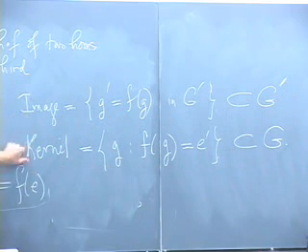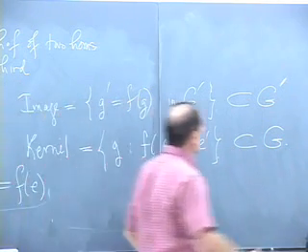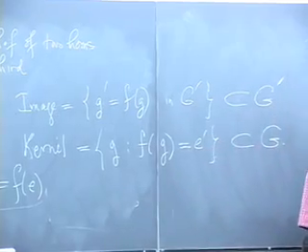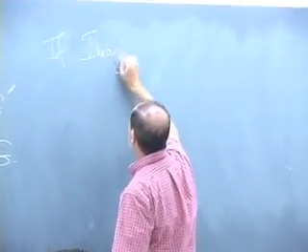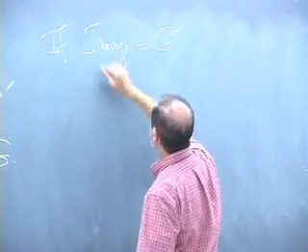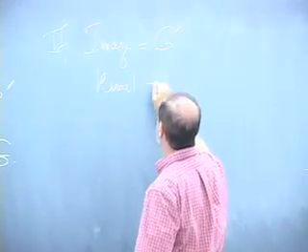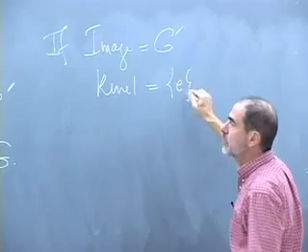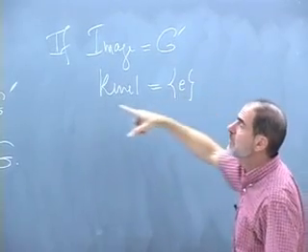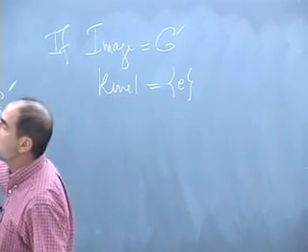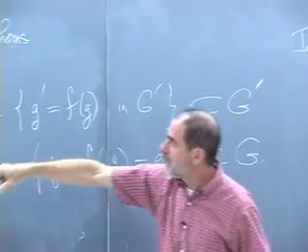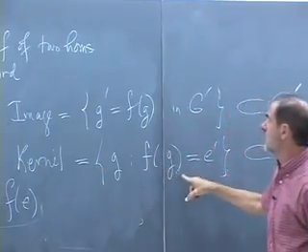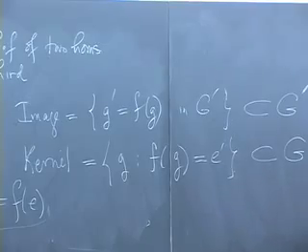And if both of these are the trivial element, if the image is equal to G prime and the kernel is equal to the set {e}, the image always contains e prime by the fact that f of e is e prime, and the kernel always contains e.